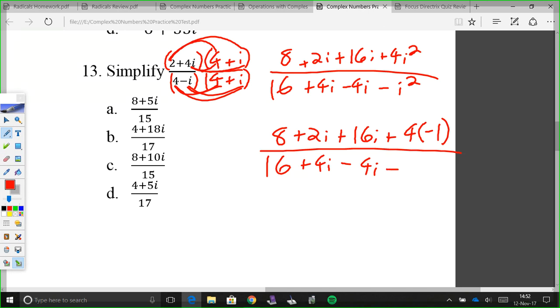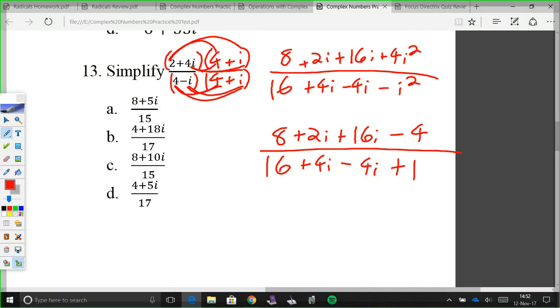Now be careful, because that minus is already there, but i squared is negative 1. So technically I'm minusing negative 1. I'm not going to write this all out again, but 4 times negative 1 is just going to make this whole thing here a negative 4. So let me just go ahead and change that to a negative 4. And on the bottom, a negative 1 is going to make that a positive 1. So let me quickly change that to a positive 1.